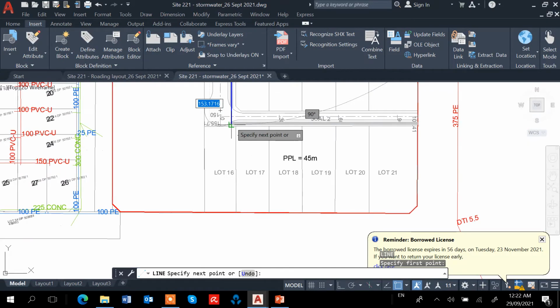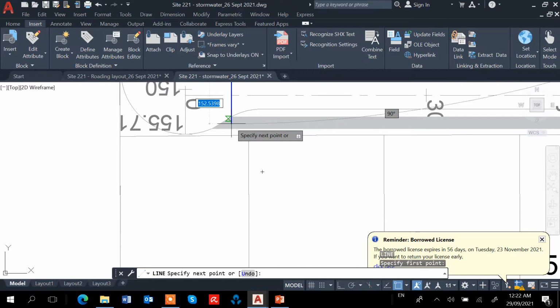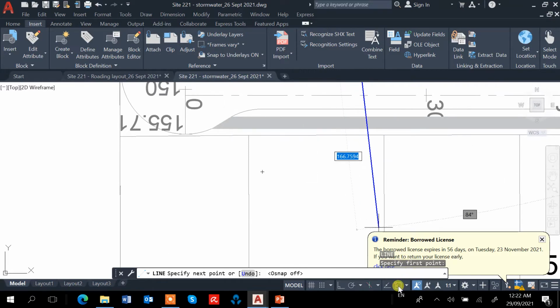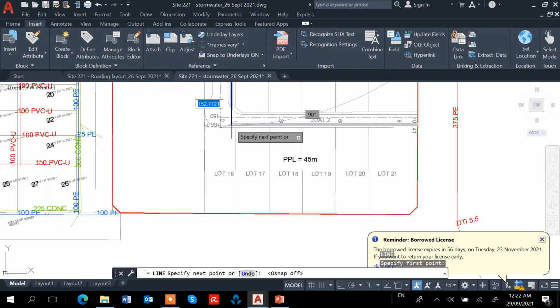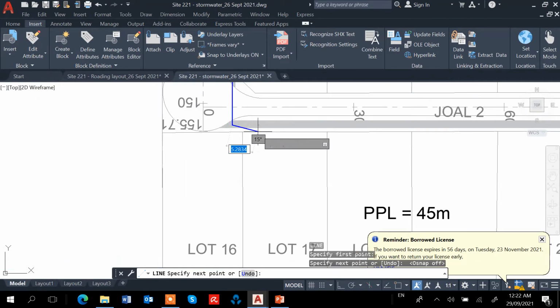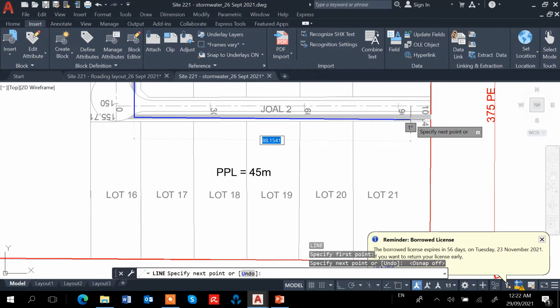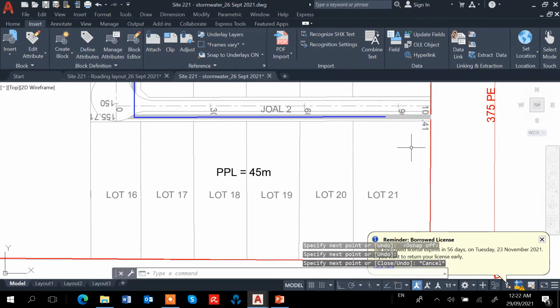Make sure that it's all under the footpath. Okay, and then I go along this footpath as well. I don't need to go to the end. Just here.